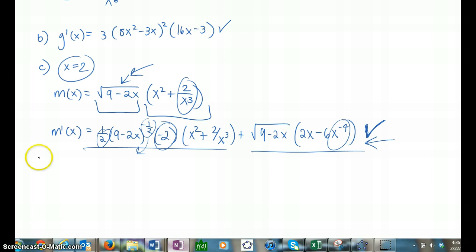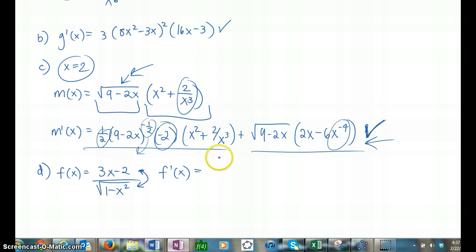And how about the last one? D. f of x equals 3x minus 2 over the square root of 1 minus x squared. And I would definitely use the quotient rule for this one. Low d high minus high d low over low low, because you've got a polynomial over a polynomial.